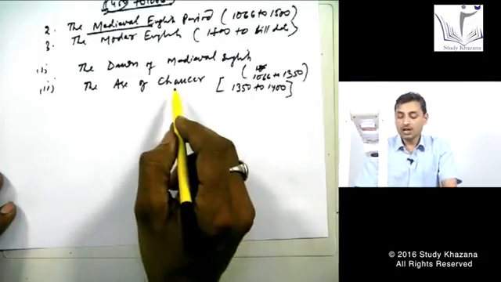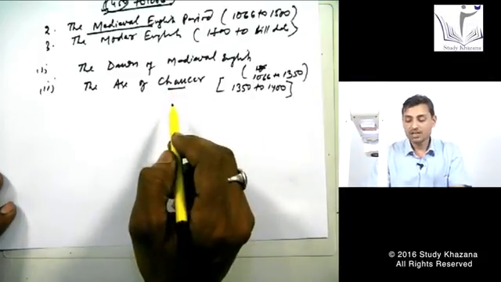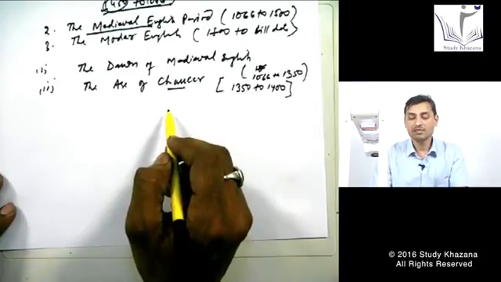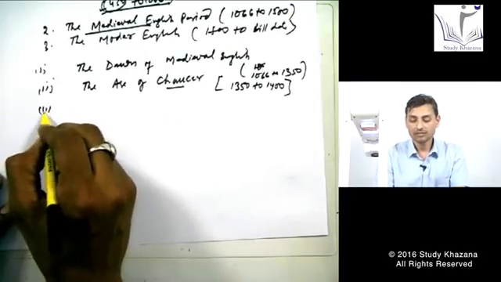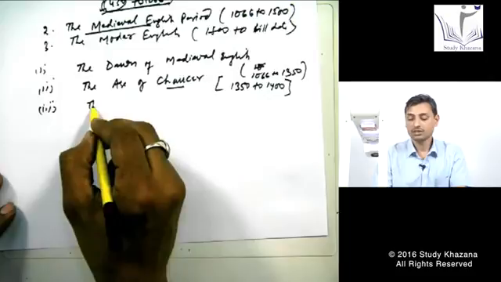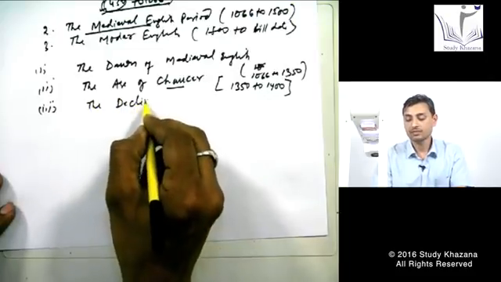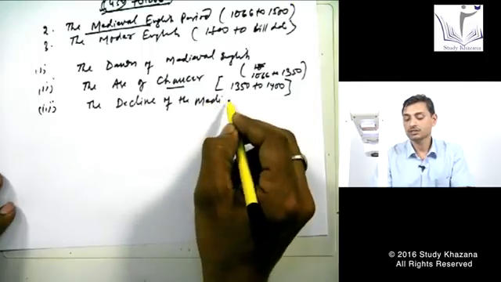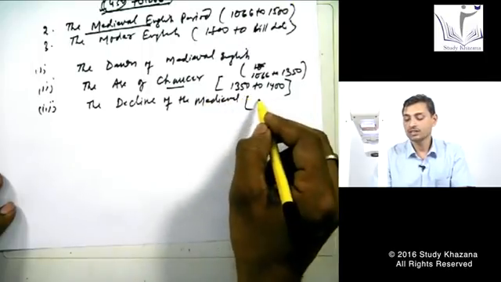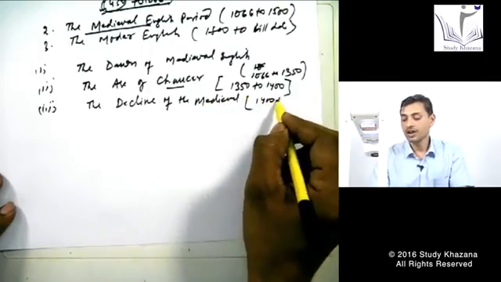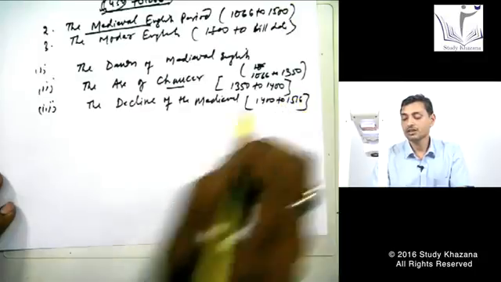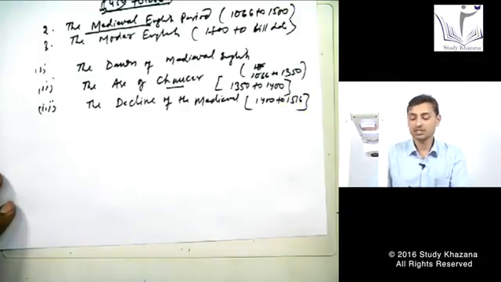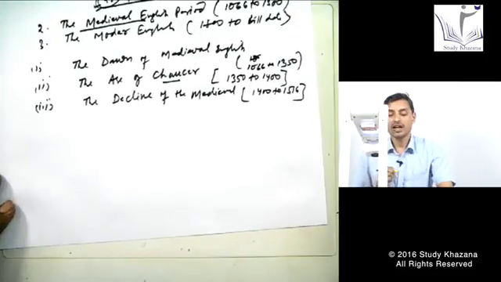Here, Chaucer was the most important writer of the period, and that's why the age is named after him. Thereafter, there is the decline of the medieval English, and this spans from 1400 to 1560. This is where the medieval English ends.